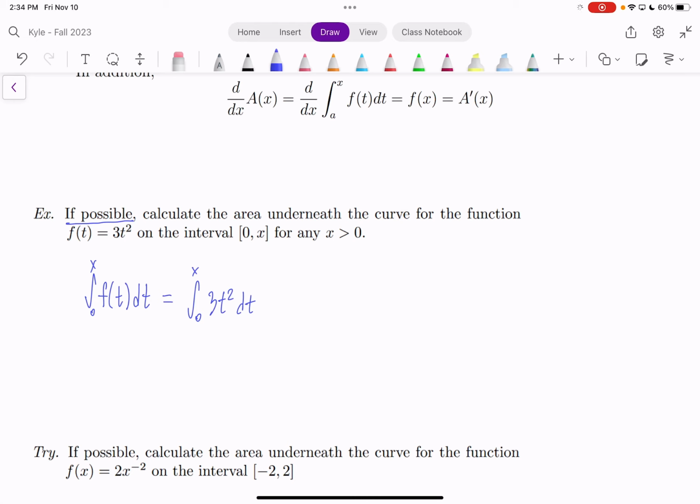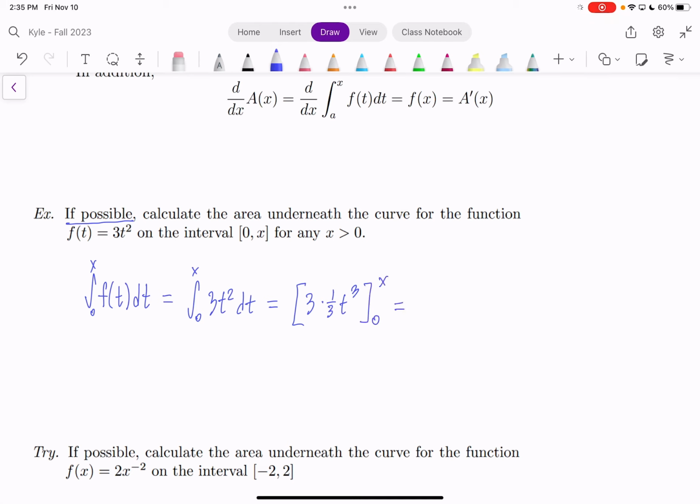We're not going to have to simplify that this week. All we have to do is remember our integration rules: we have 3 times, and we'll use our inverse power rule. We've got t squared, we'll add 1 to the power so we get t cubed, and we'll divide by the new power, so we'll do 1/3. And we'll integrate from 0 to x. So that'll be t cubed from 0 to x, which gives us x cubed minus 0, which is x cubed.